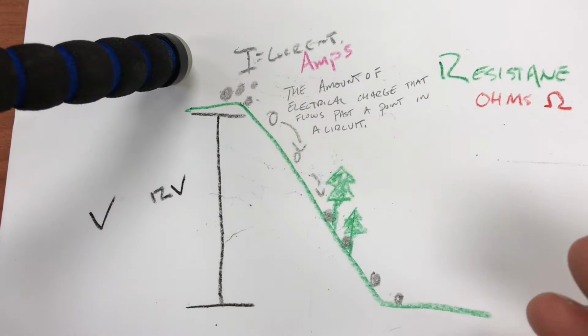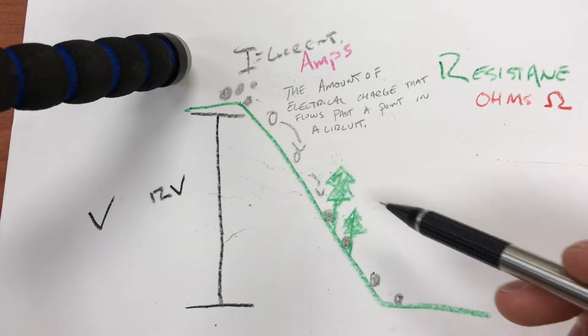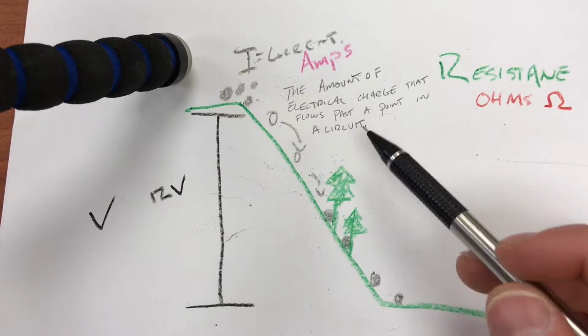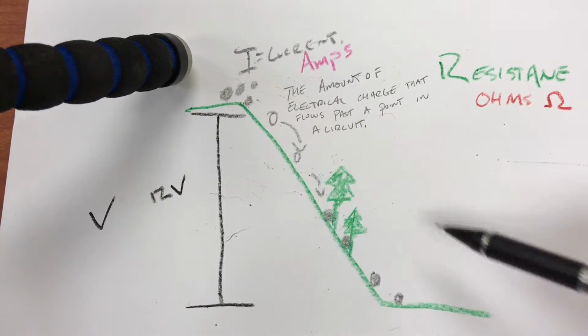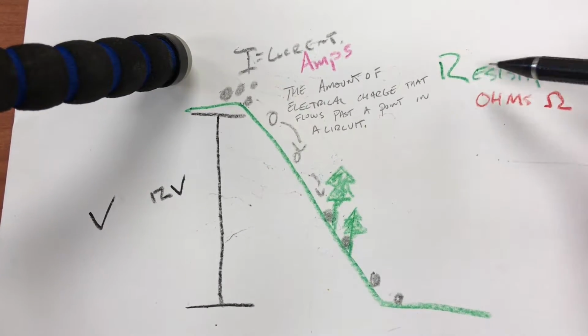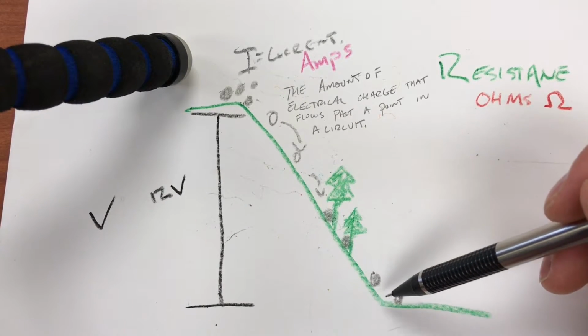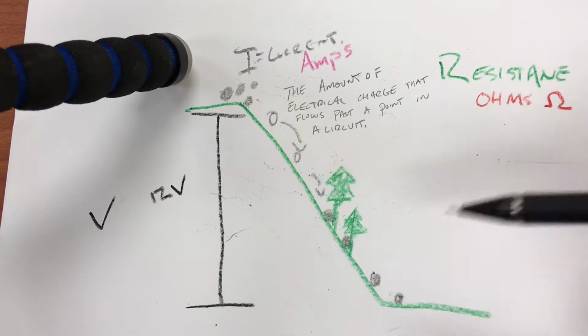You can lose current a multitude of ways, so we have less current down here and more current up here at this point in our circuit. Resistance causes current to go down.